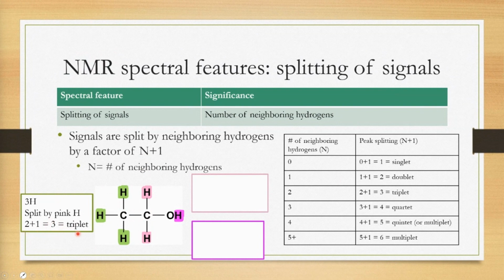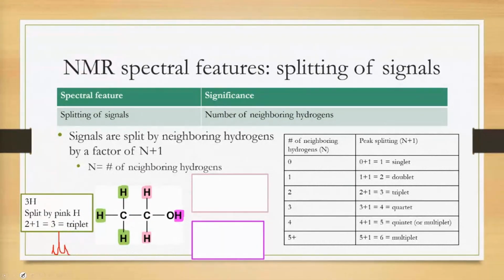So that means the peak that these 3 hydrogens will show up as on a proton NMR spectrum will look like a triplet peak. Let me see if I can draw this here. A triplet peak looks like this.